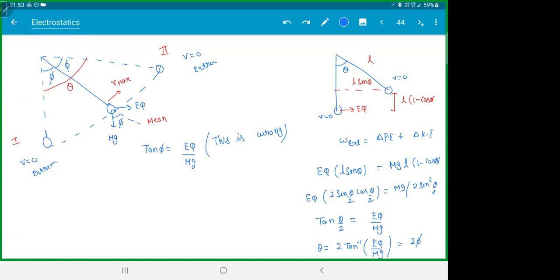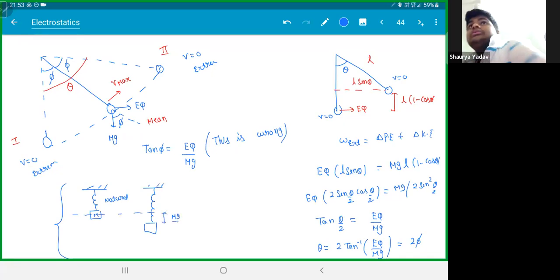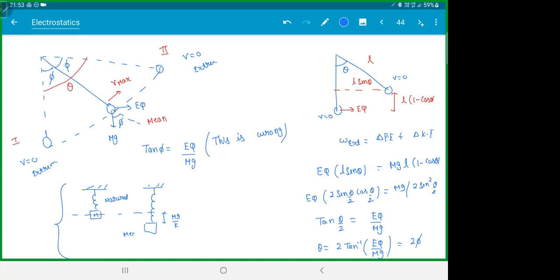All got this? And this is not the first time. You have a spring here, you have a block here, mass m and natural length. What is the maximum elongation? It won't stop at mg equal to kx, remember? At this point, mg by k is the mean position. It won't stop here.